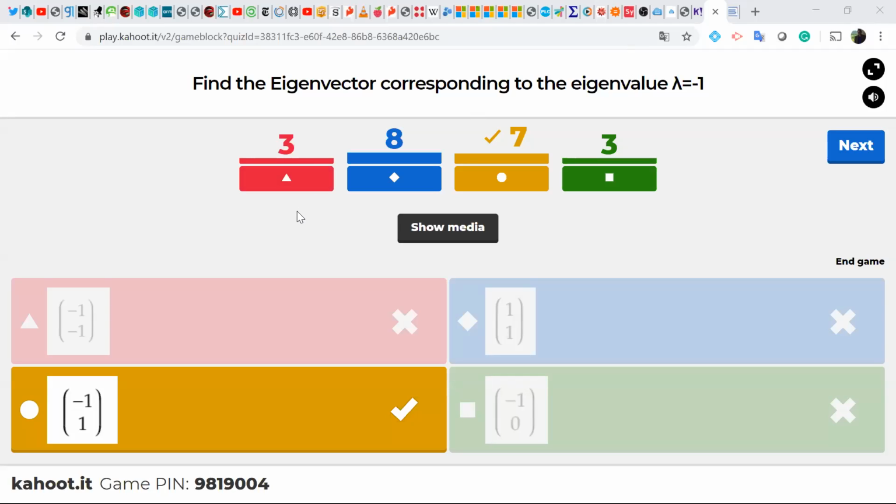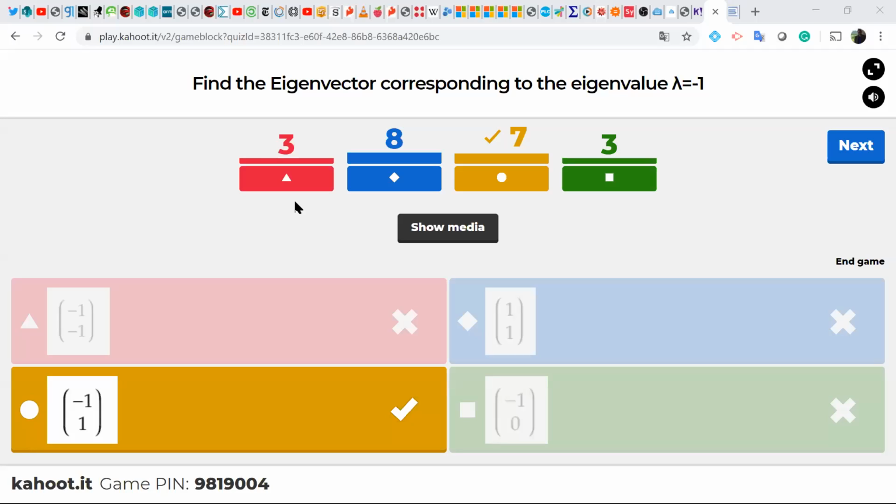Okay, and what about the 3 red answers? What happened? Is anything that is not clear enough for you? Please, those of you who answered with the red option.